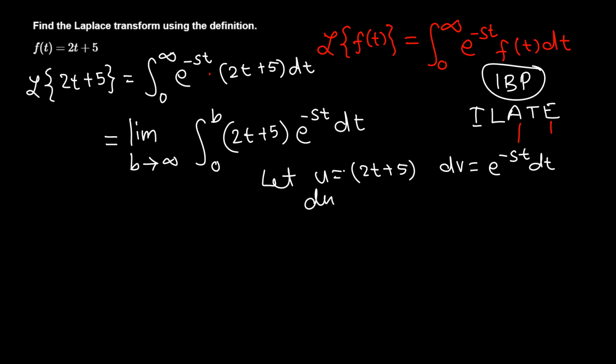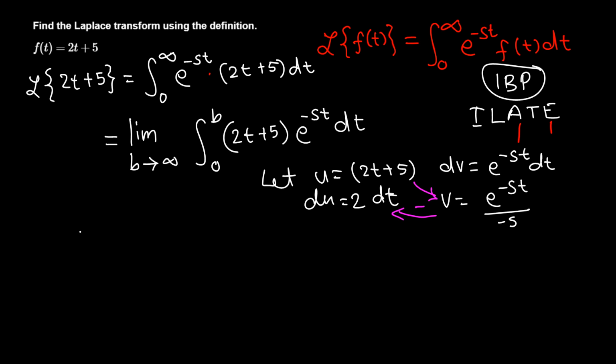Then du is the derivative, which is 2 dt, and integrating dv with respect to t, we get v equals the exponential function itself divided by negative s. Then the integral of u dv is uv minus the integral of v du.